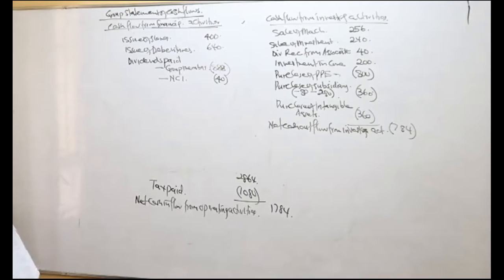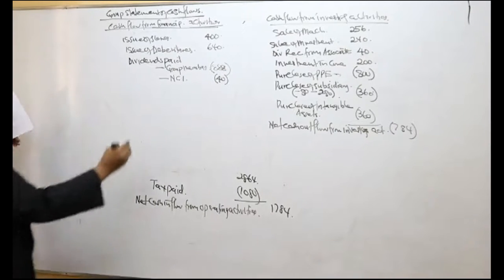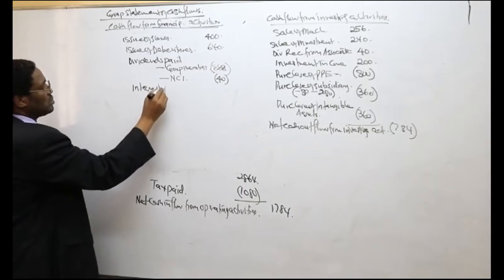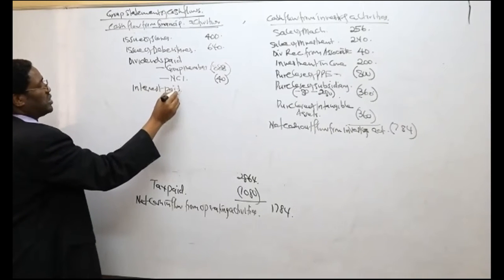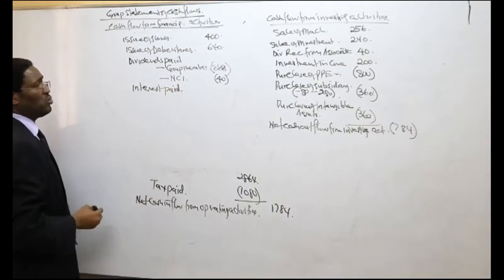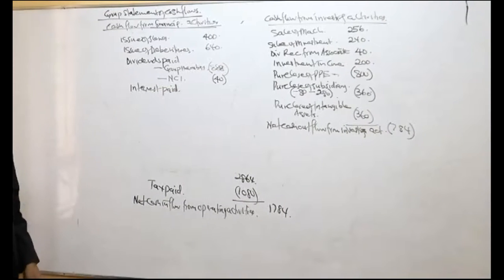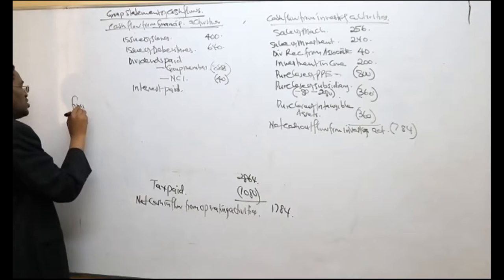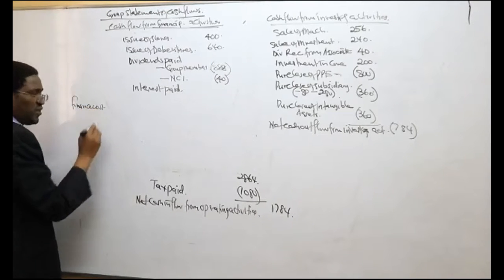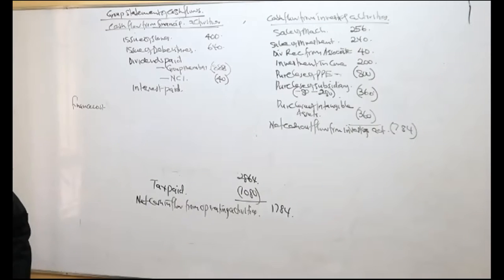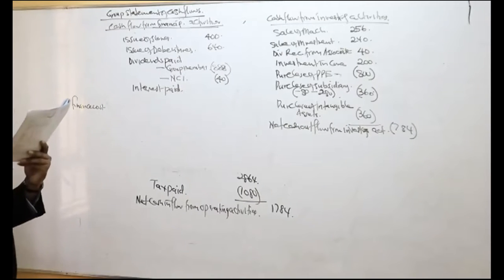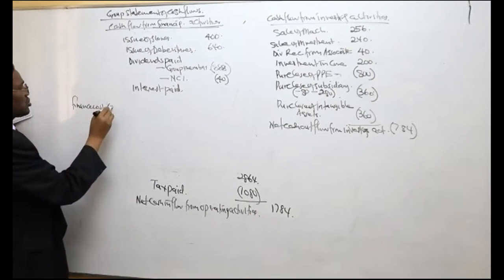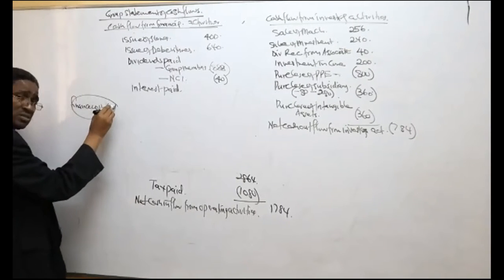From there, we come to the last item, which is what we call interest paid. I want to explain that one. When we were doing our cash flow statement, among the operating activities, we saw there was that finance cost. According to the income statement, the finance cost was given as 600. From this question, the finance cost charge was 600.